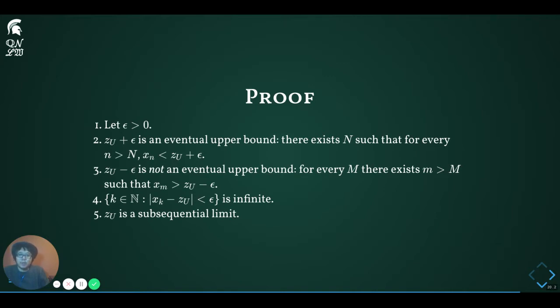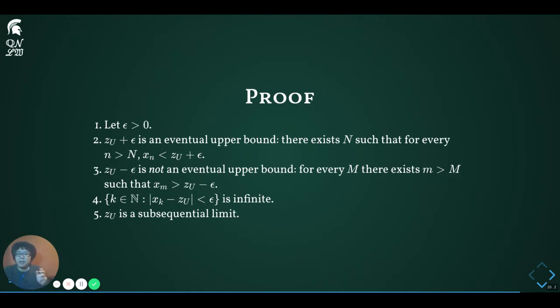So, we start by letting epsilon be positive. Necessarily, z sub u plus epsilon is an eventual upper bound, since z sub u, or the limsup, is the infimum of all eventual upper bounds.